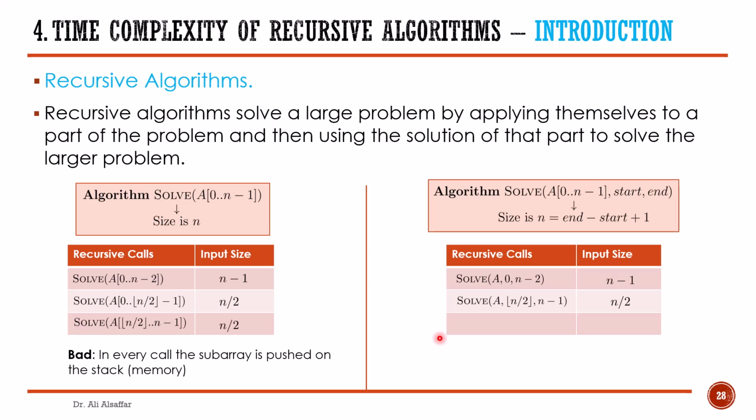And in this recursive call, if the start index of the subarray is n/2 and the end index is n-1, then the input size is equal to n/2. And finally, in this recursive call, if the start index of the subarray is 0 and the end index is n/3 minus 1, then the input size is equal to n/3.